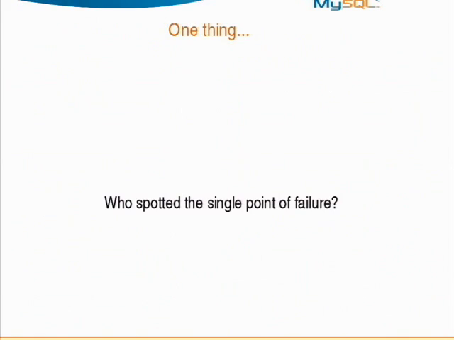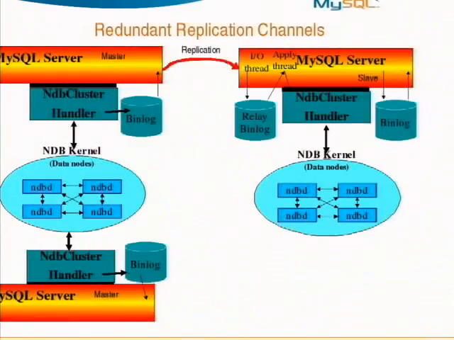So who spotted the single point of failure in this setup? Yeah? Where are the bin logs stored? Yep. So we only have one master here and one slave here and one replication channel. You can also have another machine attached to the cluster also producing a binary log.